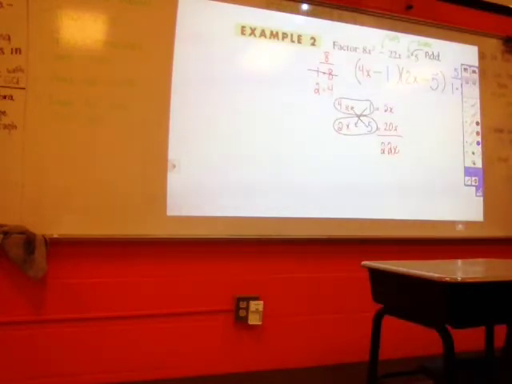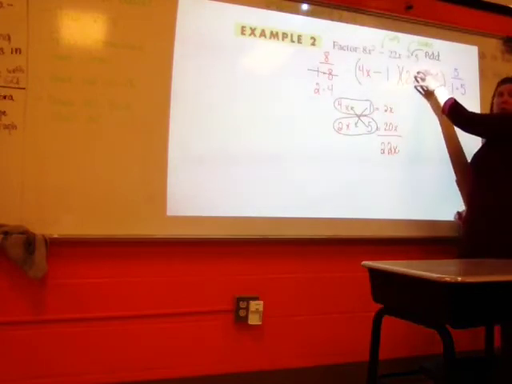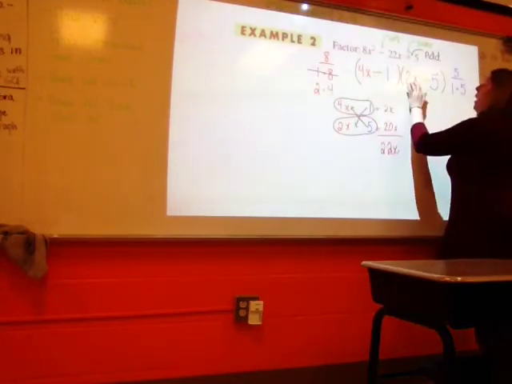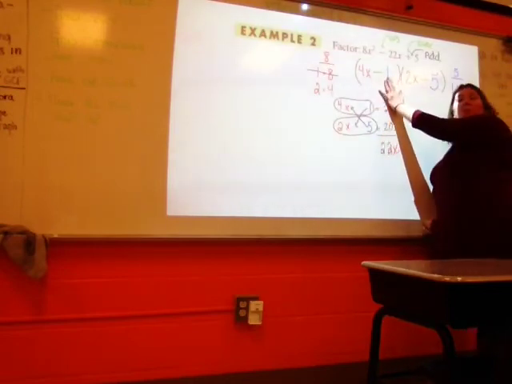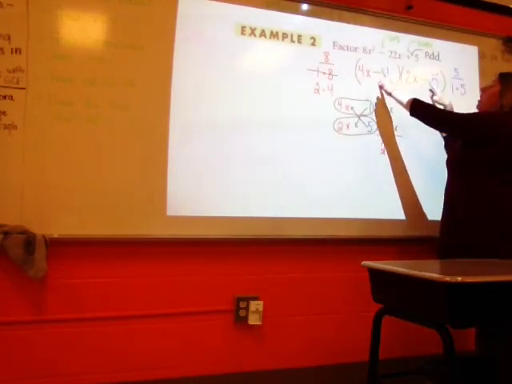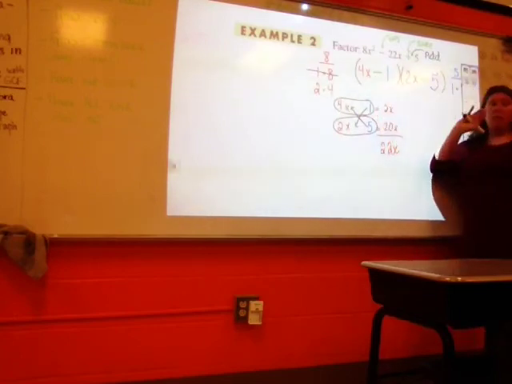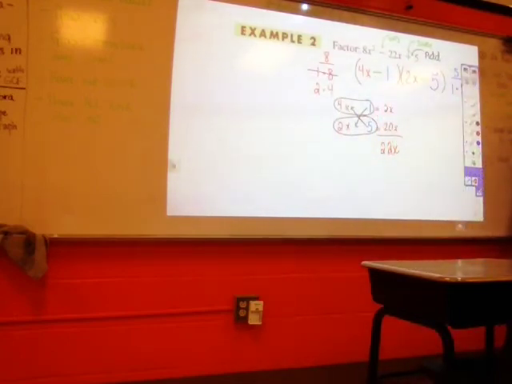Yes, my dear? Does it matter which one you put first, like the binomials? Like, could this binomial come first? Yes. As long as the 2x is in the same binomial as the 5, and as long as the 4x is in the same binomial as the 1, and as long as these have the right signs, life is good for us. Okay?